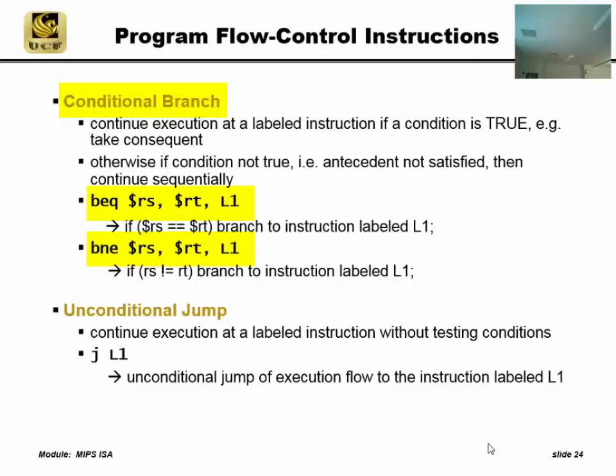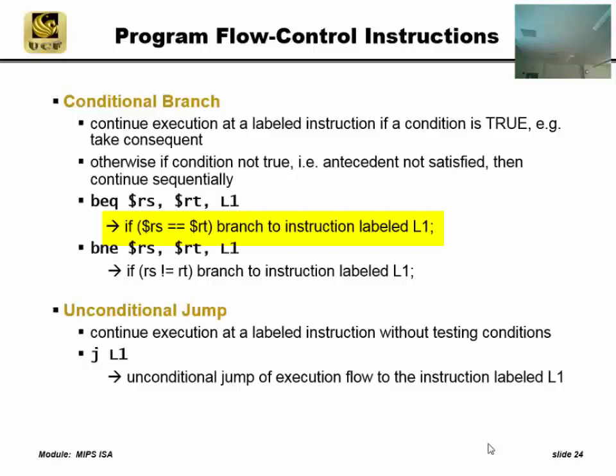So the semantics of BEQ RS, RT, L1 is that if the contents of RS equal the contents of RT, then I'm going to branch, which means the program counter gets set to the address indicated by L1. L1's a label in the text segment. It's telling us where to branch to.